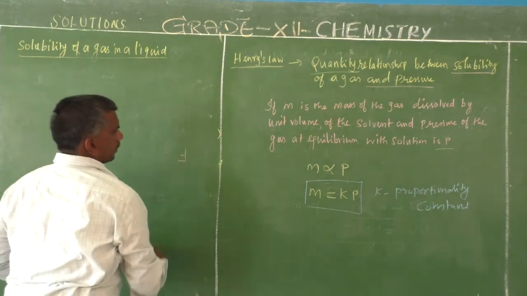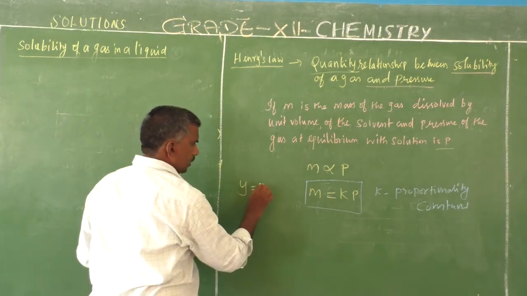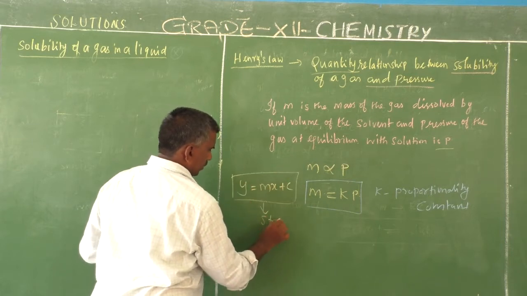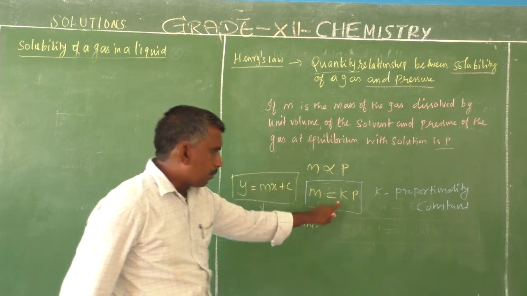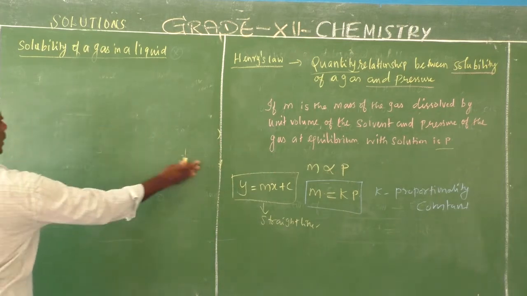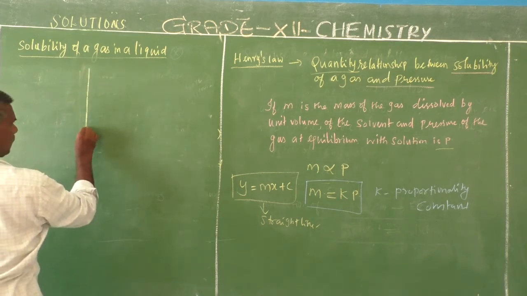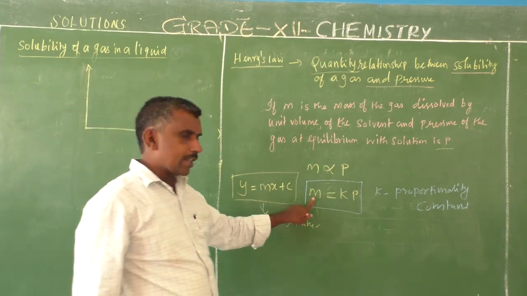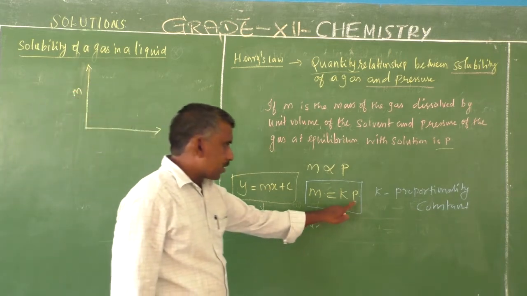Mass graph. This equation is of the form y = mx + c, a straight-line equation, with c equal to 0. So I will get the graph. The y-axis is m, the mass of the gas dissolved, and the x-axis is the pressure.